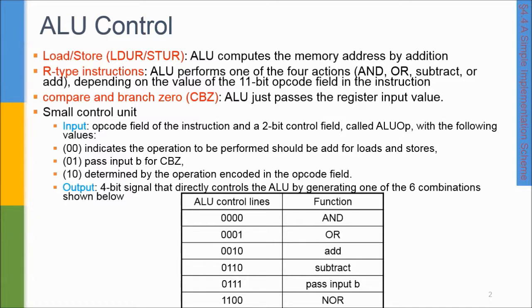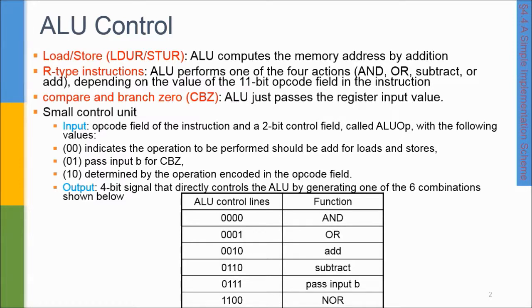The LEGV8 ALU defines the 6 following combinations of 4 control inputs: 0000, 0001, 0010, 0110, 0111, and the last one is 1100. We see that when the ALU control lines are 0000, it performs the AND operation.